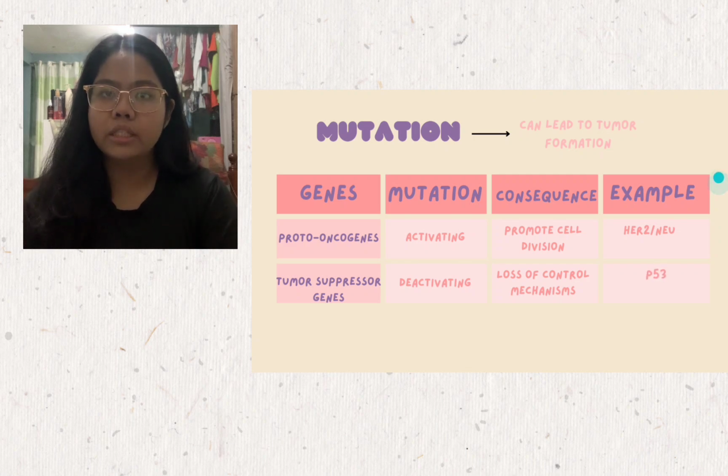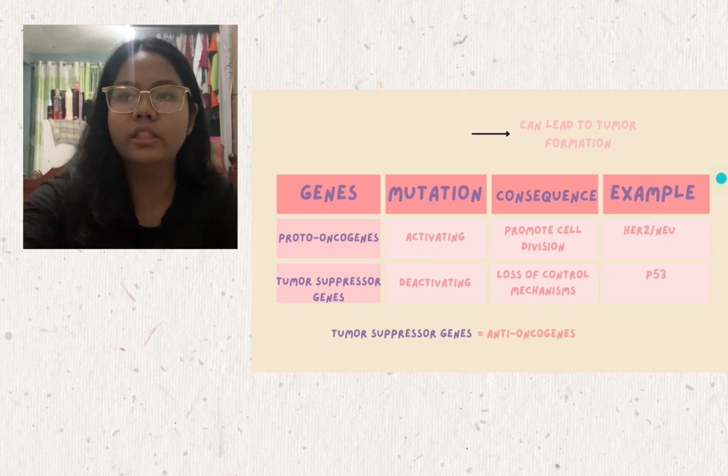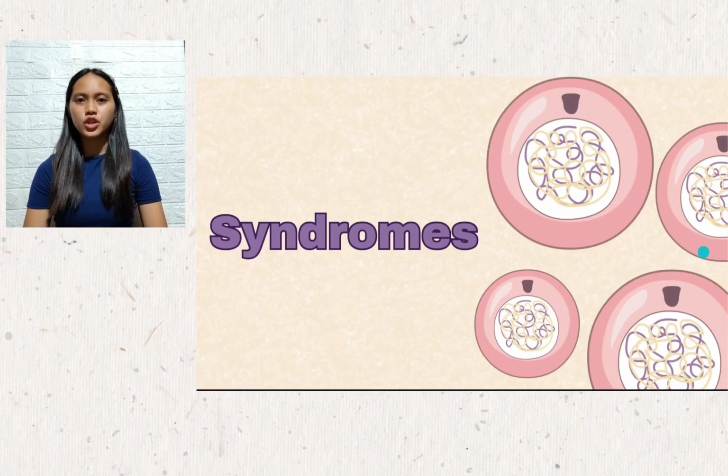One example is P53. It has been nicknamed the guardian of the genome due to its importance. Regarding the terminology, you might want to keep in mind that anti-oncogene is sometimes used synonymously with tumor suppressor gene.